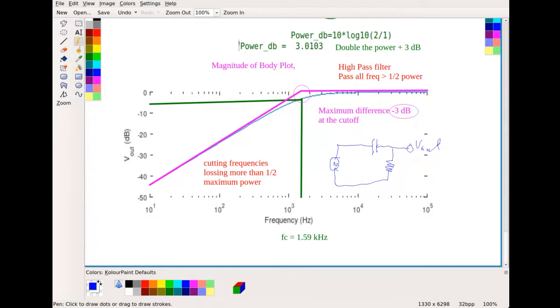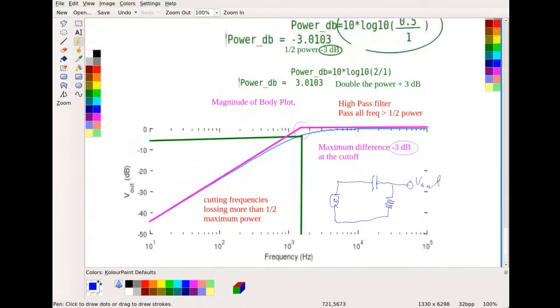Hopefully that'll do it. If we flip it around, there we go. I get the exact same plot, only it's flipped around.